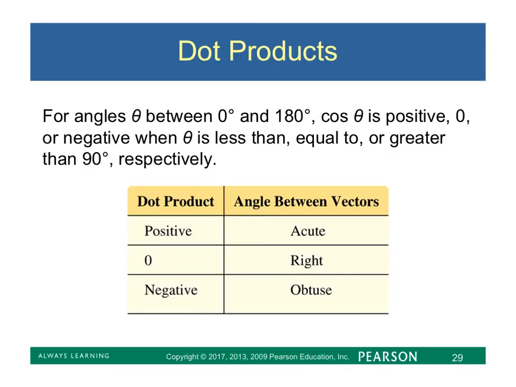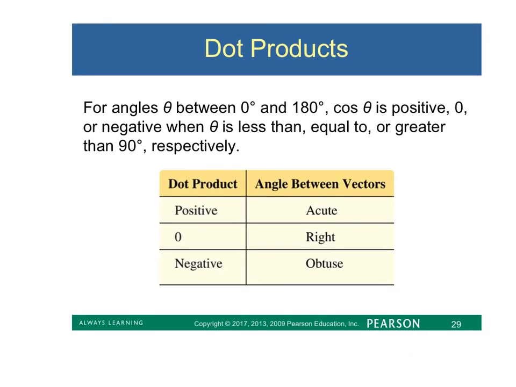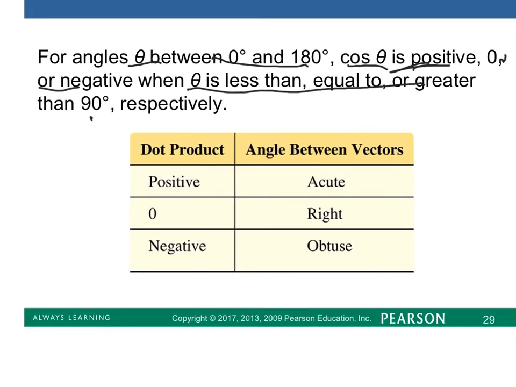Wonderful. And for angles theta between, by the way, that 90 degrees is between 0 and 180, just saying. For angles theta between 0 and 180, if the cosine of theta is 0 or negative, then theta is greater than or equal to 90. Here's a chart.